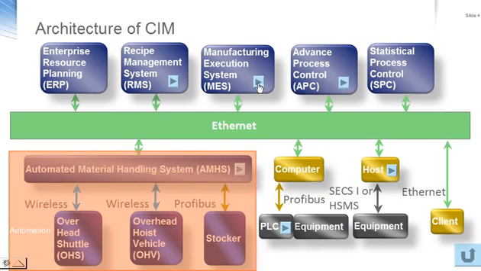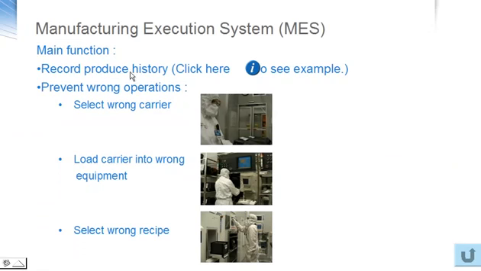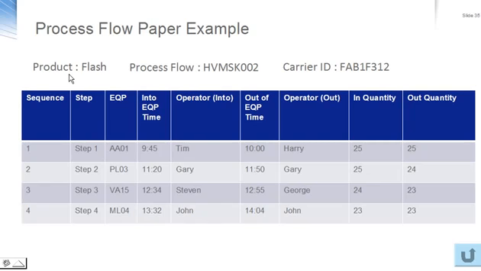Okay, let's see the MES system. The main function of the manufacturing execution system is to record production history. If we have a product, we call the flash, and the process flow is HVM SK002, and we have a carrier ID Fab1 F312, and it has step 1 to step 2, and it has 4 equipments, and it records the into-equipment stage time, and it also records the operator.